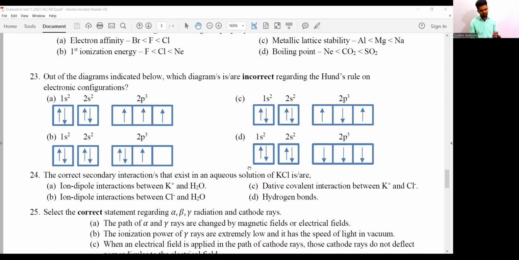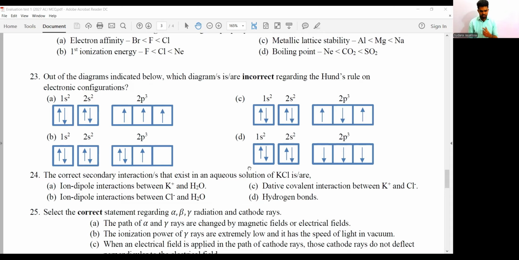You can see the first answer A is correct because 1s2, 2s2 are fully completed, and then 2p3 has only 3 electrons. Those 3 electrons should have the spin in the same direction. So in answer A, it is happening.